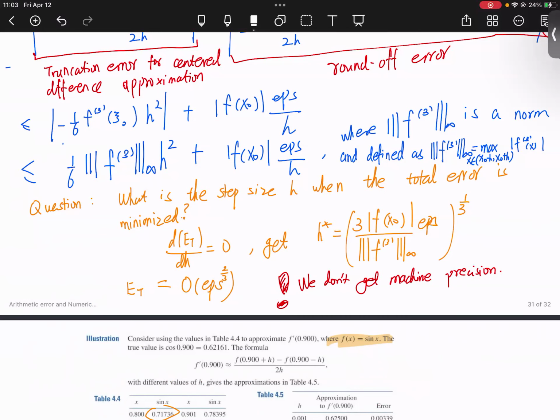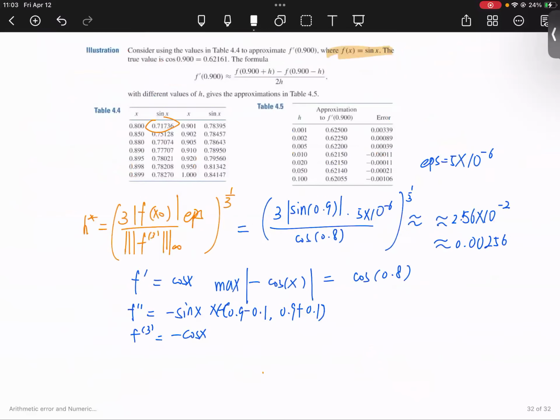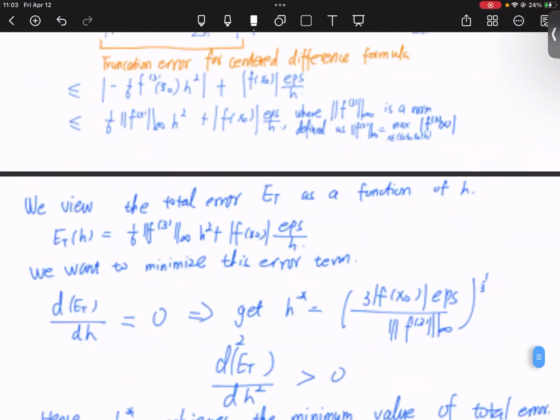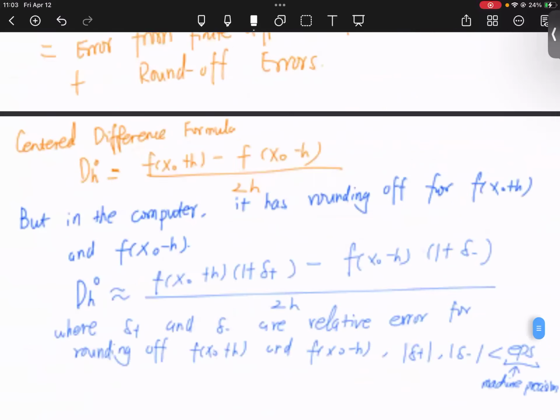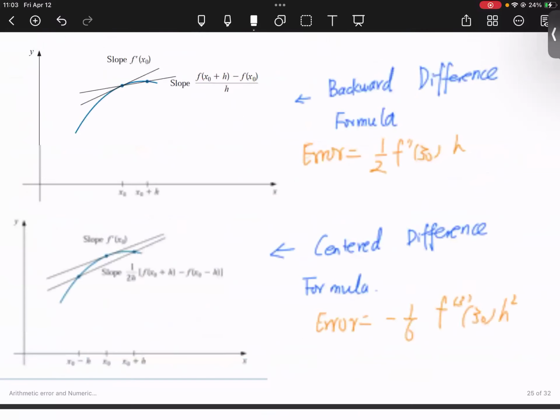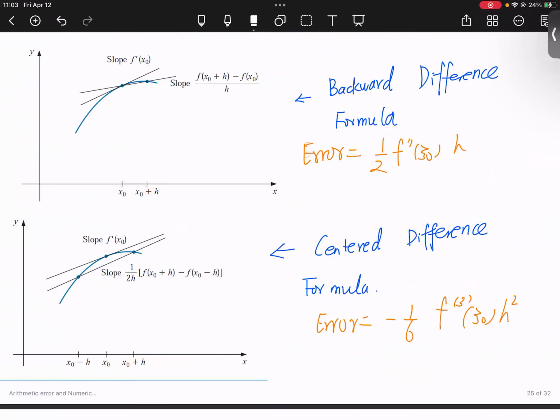And so let's see. I have some conclusions from the last time. The conclusion is here. Let's take a look at the error. This is the first order h, and this is second order of the h. If the step size h is 0.1, then this one is 0.01, and this one is just 0.1.